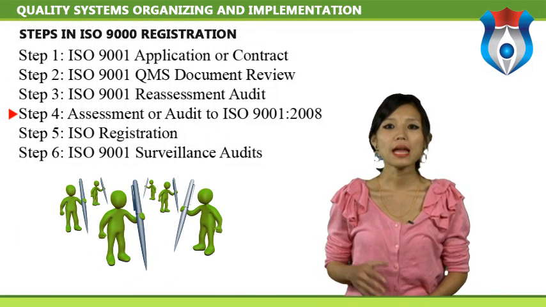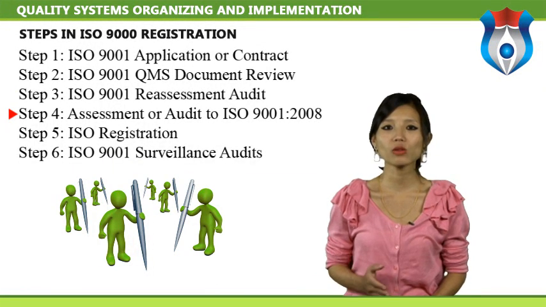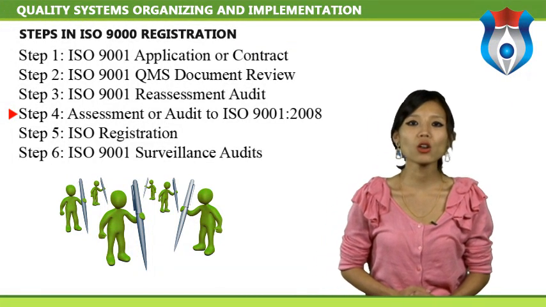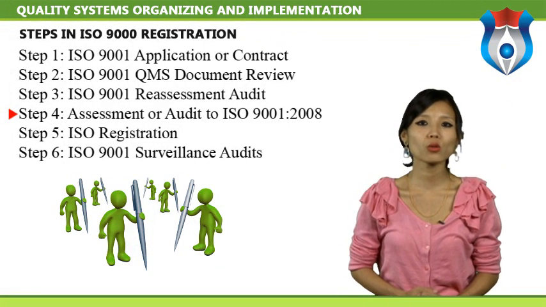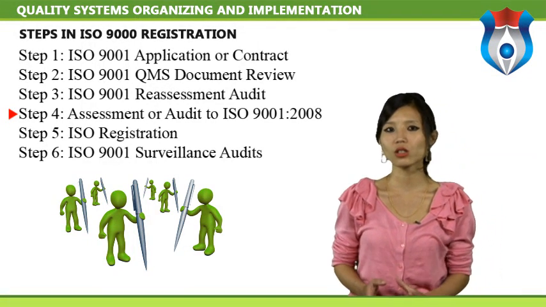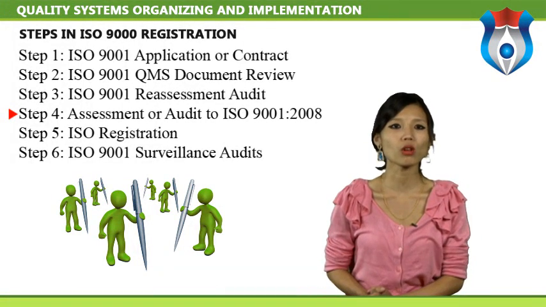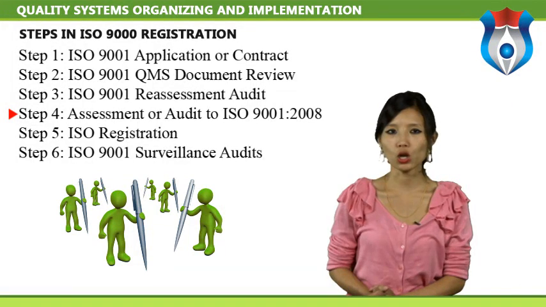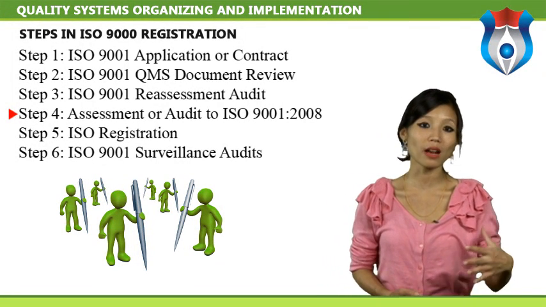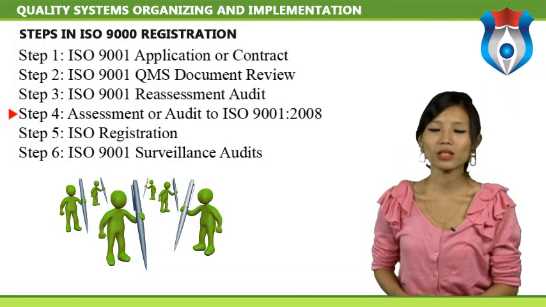Step 4. Assessment or audit to ISO 9001-2008. In conducting the audit, the auditors follow ISO 10011. The ISO lead auditor will provide an audit schedule or plan in advance of the audit. This allows personnel to schedule their time appropriately to ensure they are available at the appropriate times.